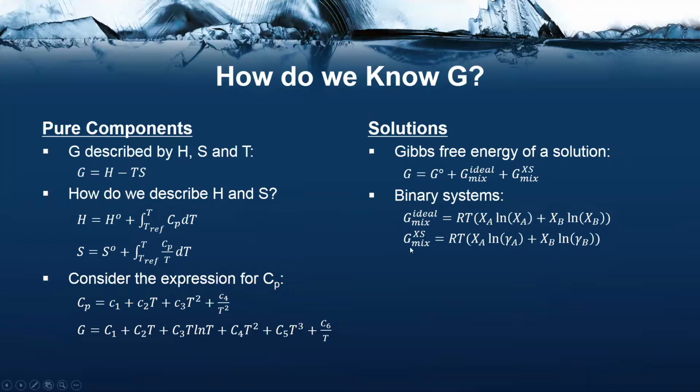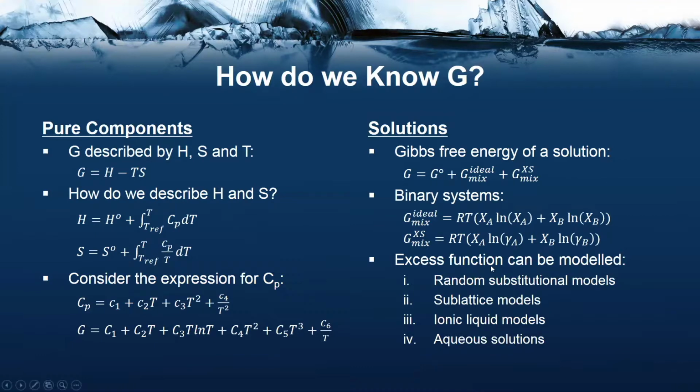The excess function, this one, can be broken down and modeled according to 4 different categories. These are the random substitutional models, the sublattice models, the ionic liquid models, and the aqueous solutions. And in this course, we will briefly go through these first 3.